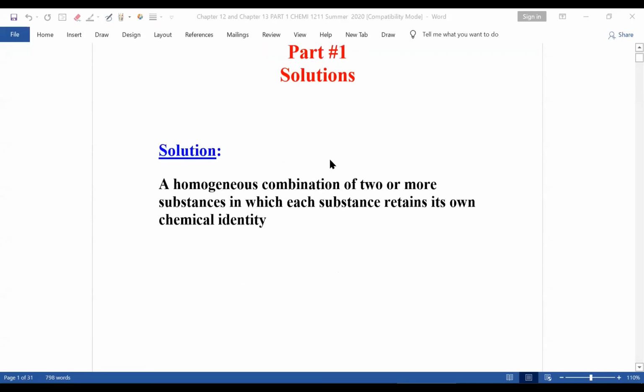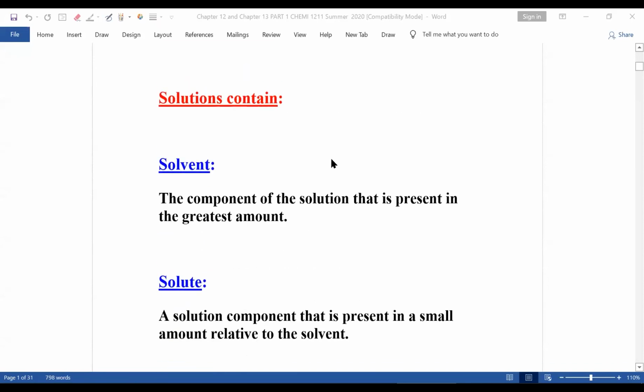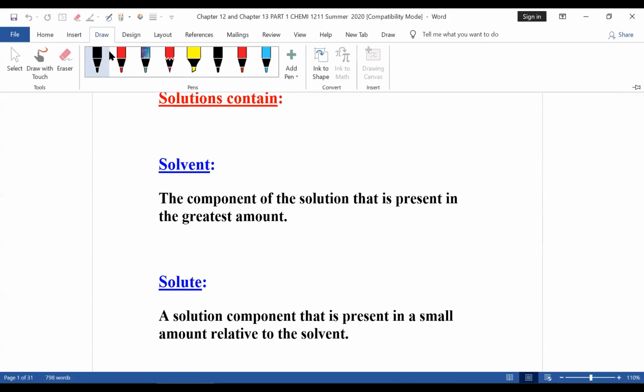Now, when we talk about solutions, there are 2 important key definitions you should know. Hold on.